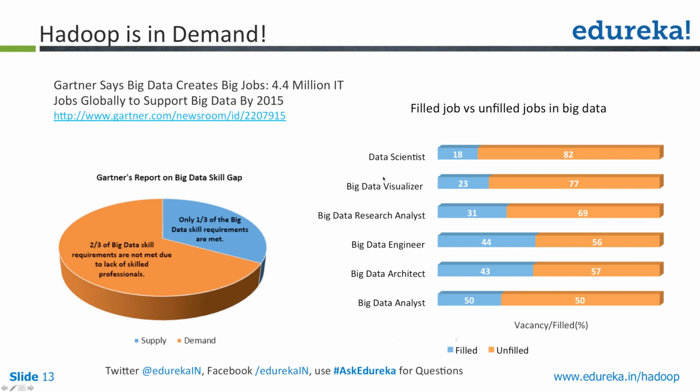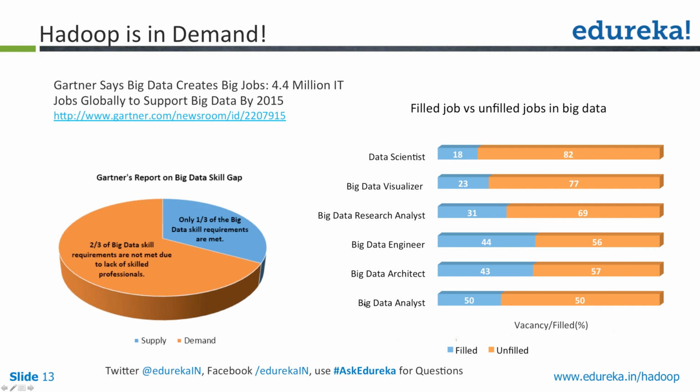And these are some of the types of jobs which you can get into. You can become a data scientist, I'll talk about what a data scientist is. You can get into data visualization, research analyst, or big data engineer, where you can be a developer, an administrator, or a QA professional. There is also the architect, who can be a solutions architect for a big data project, and the big data analyst.